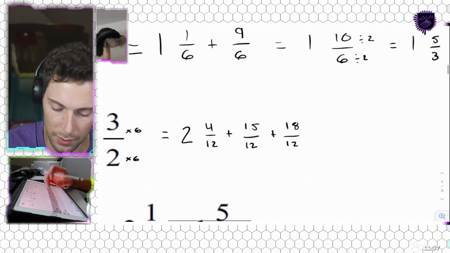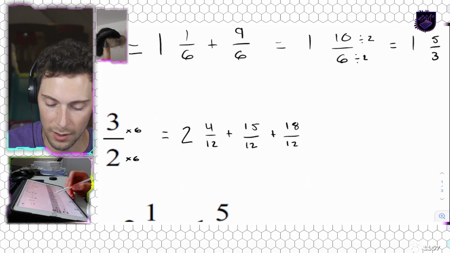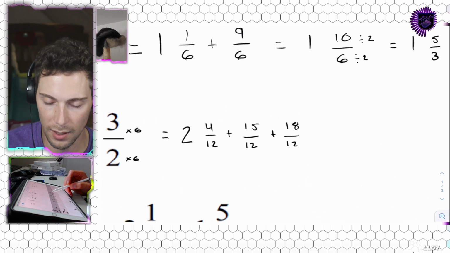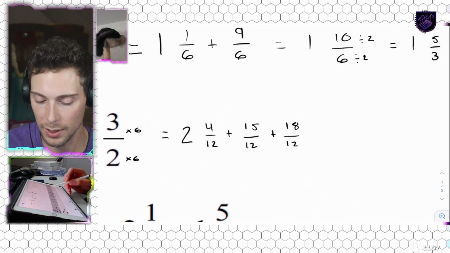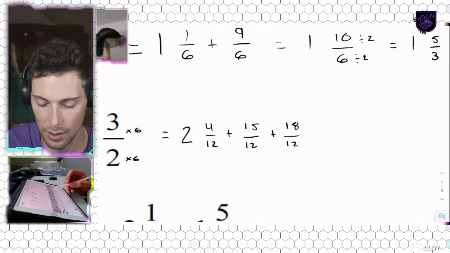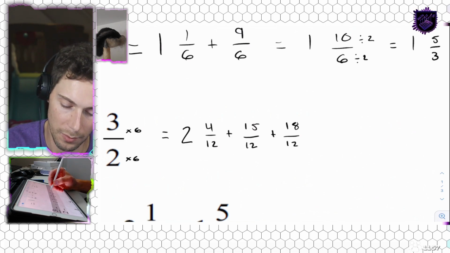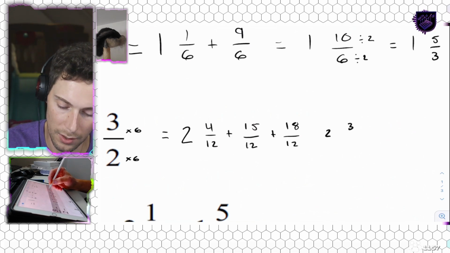You can add those across. 4 and 15, 19, 19 plus 18, 19 plus 10 is 29. 29 plus 8 is going to be 37. So it'll be 2 and 37/12.